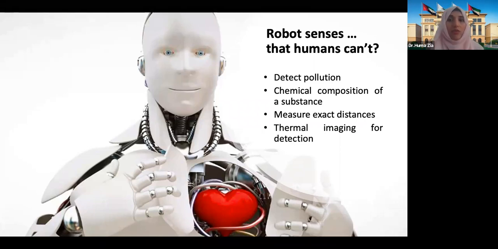For example, a robot equipped with a carbon monoxide sensor would be able to detect gas levels, and that gas is colorless and odorless for humans. A robot can also tell you the pH level of a substance to determine if it is acidic or basic, which we as humans cannot do through our eyes.